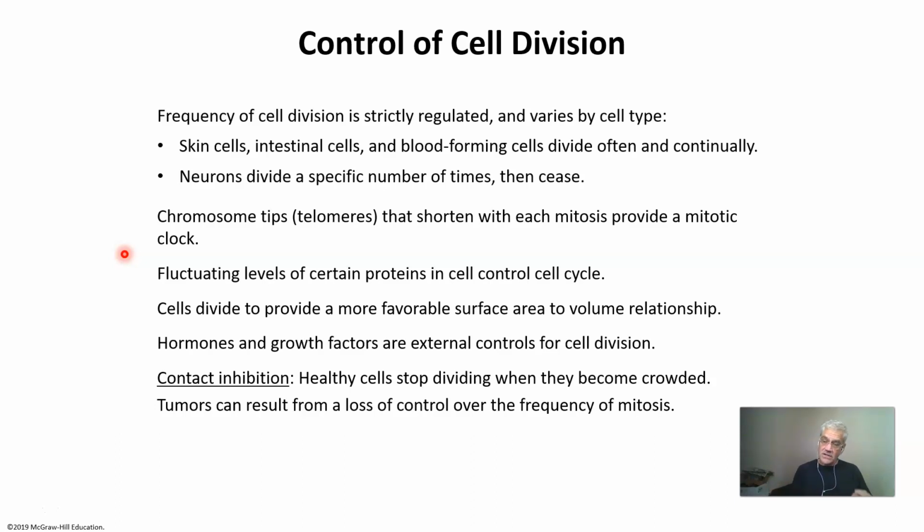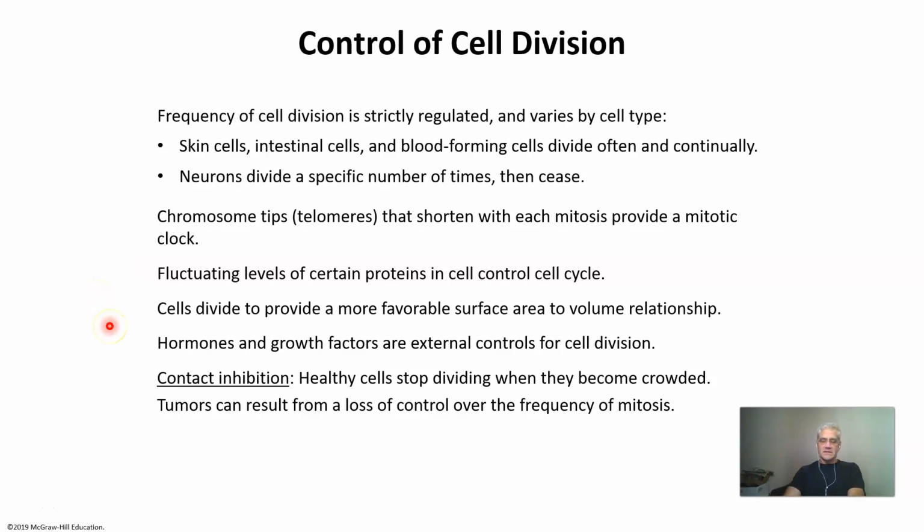Telomeres are the ends of chromosomes. They act like what we call a mitotic clock, because the length of the telomeres gets shorter and shorter with each replication of a cell. And that does have to do with cellular aging. It's beyond the focus of this course.